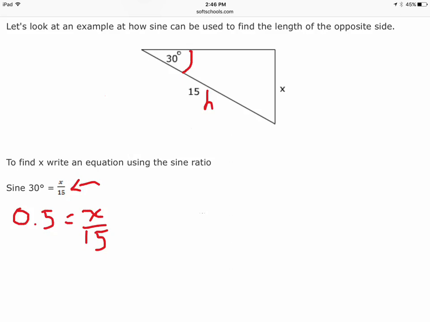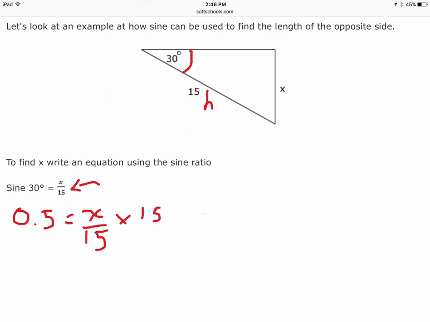Now, the next step, we need to use the multiplication principle to isolate the variable x. We want the x all by itself on one side of the equation. So the opposite of dividing by 15 is multiplying by 15.